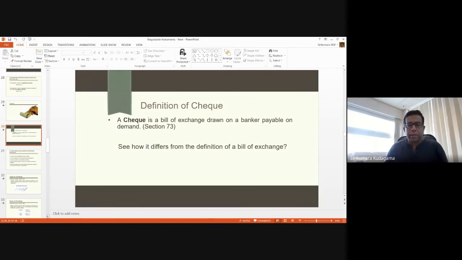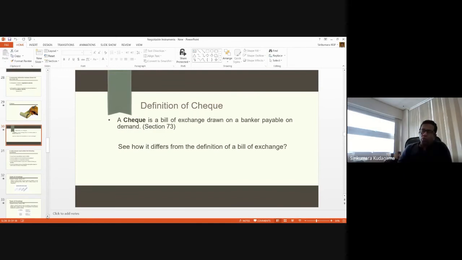In the first place, this refers to bills of exchange. So a cheque is necessarily a bill of exchange, but not all bills are cheques. There can be bills of exchange which are not cheques. You saw the list of bills. But all cheques are bills. That's what this definition says.